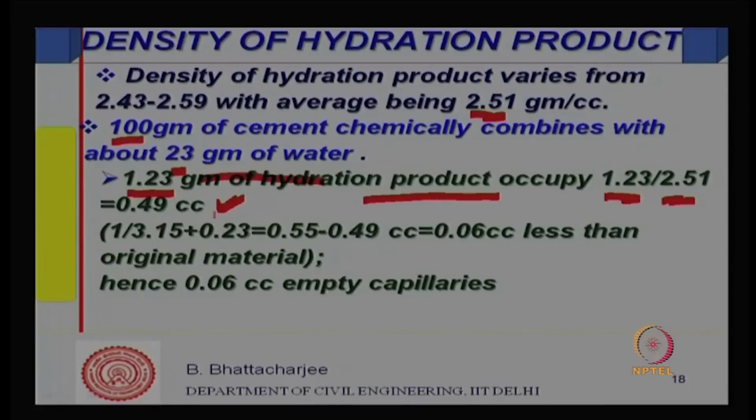Now, if you look at cement, its specific gravity is generally taken to be 3.15 on average. So, 1 gram of cement will occupy 1 by 3.15, that is 0.32. So, 0.32 plus 0.23, as water occupies the same volume, sums up to 0.55, and the solid product of hydration occupies 0.49.